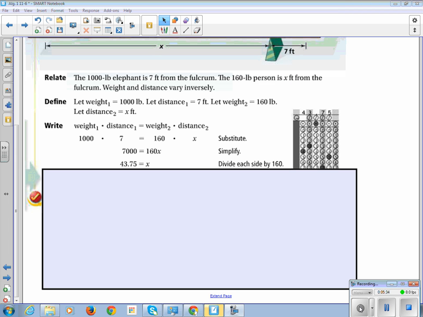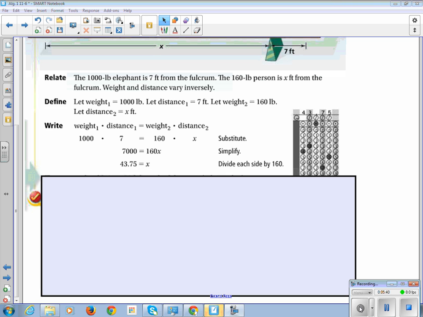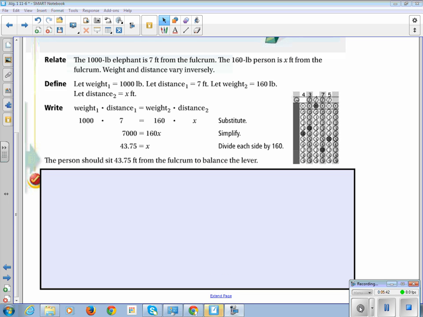You divide both sides by 160 and you get x equals 43.75. The person should sit 43.75 feet from the fulcrum to balance the lever. That's a long board, 43 feet long. That's like 3 of these rooms.